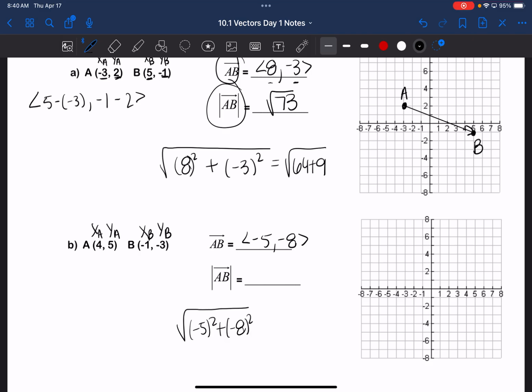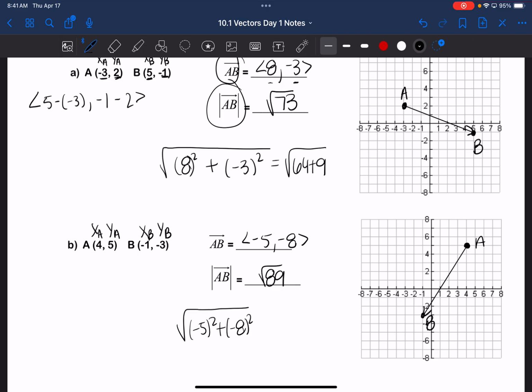What did we end up with for our magnitude or our distance? Square root of 89. Very good. Again, we start at point A, which we were told was at 4, 5, and we end at point B, which we were told was at -1, -3. So our vector would look something like this. All right, flip it over onto the next page.